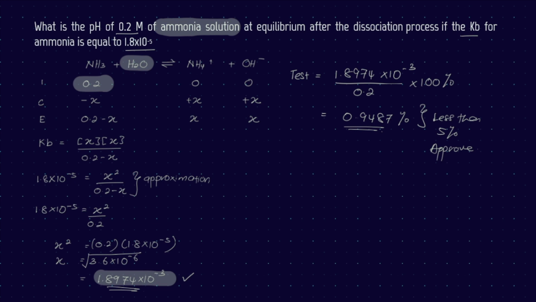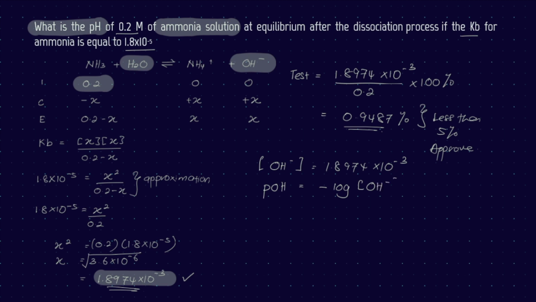When you check, this value of x is actually the concentration of OH minus. So the concentration of OH minus is equivalent to 1.8974 times 10 to the power of negative 3. The question asks you to calculate what is the pH. So what we are going to do now is find the pOH beforehand. pOH is equivalent to negative log concentration of OH minus.